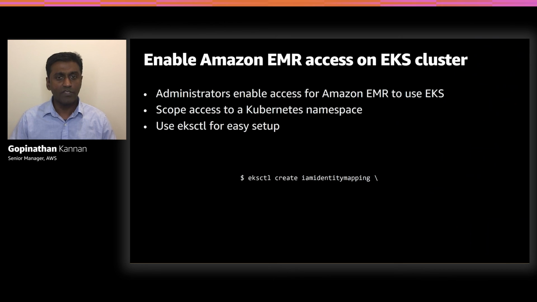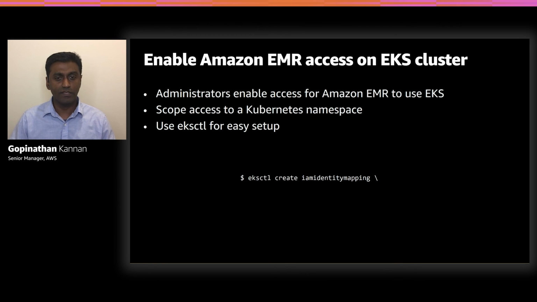An EKS administrator must explicitly enable access for EMR to access a namespace within the EKS cluster. Now, this involves creating a Kubernetes role, an identity, allowing EMR scoped permissions to run jobs and set up endpoints on the cluster, and then mapping that identity to the IAM role corresponding to the EMR service role.